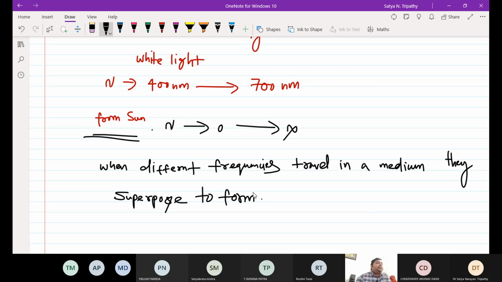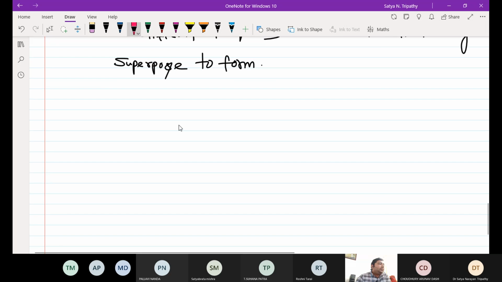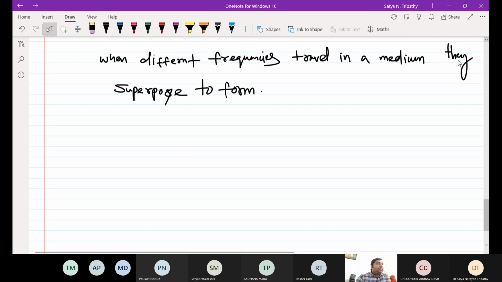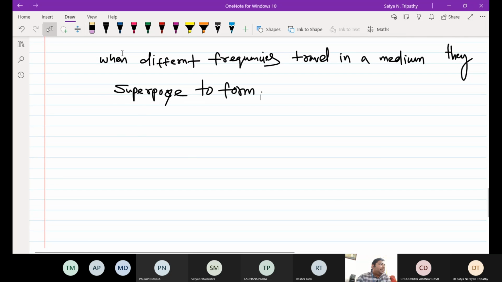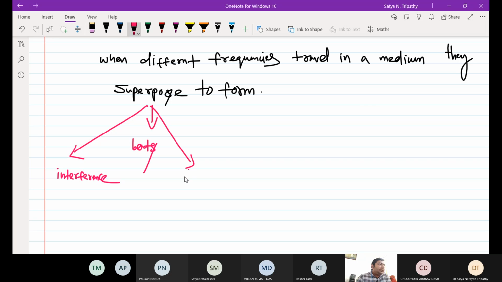what do they form? So superposition is basically of 3 types. I'm writing it here. One is interference, one is beats, one is stationary wave.